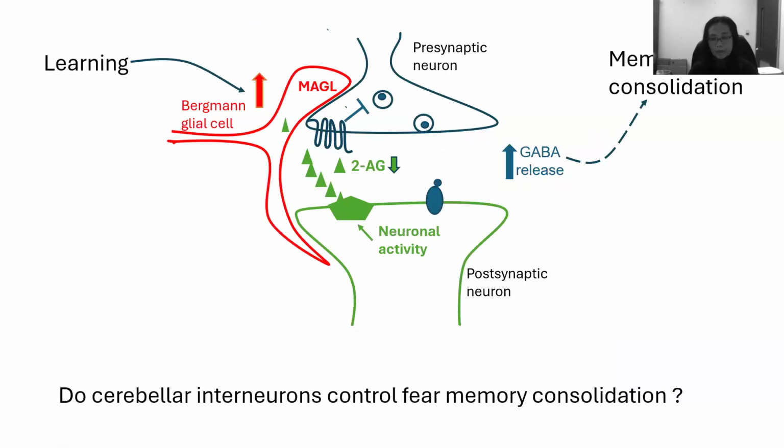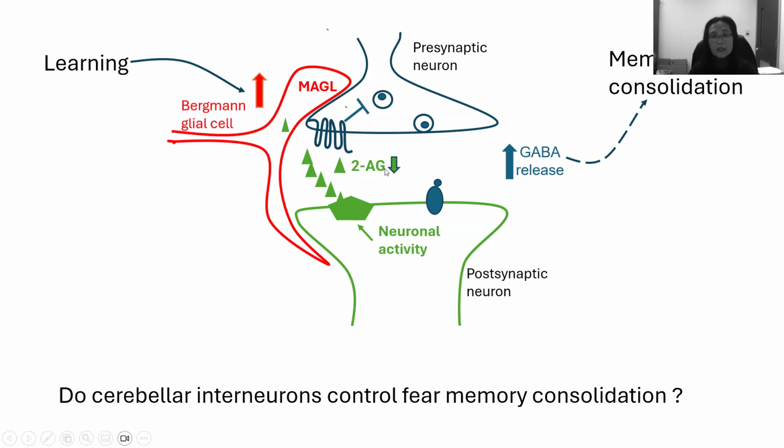So the results we have shown so far, I think, show that learning can increase the MAG lipase expression, which reduces the tonic endocannabinoid level.